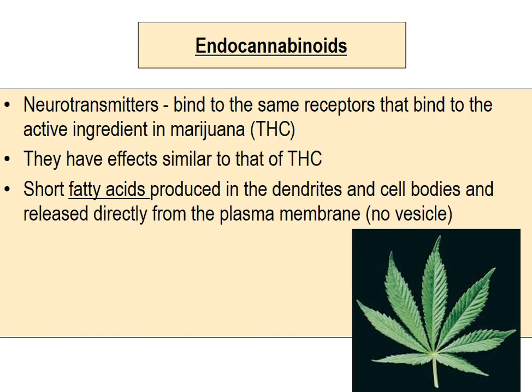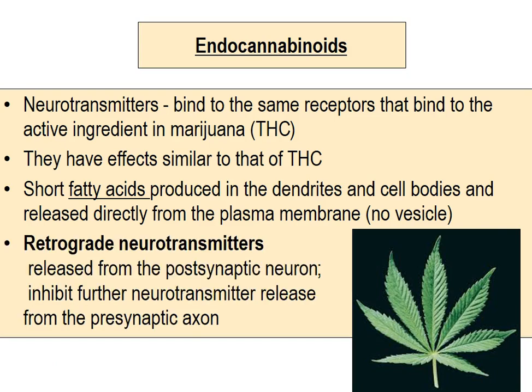These are short fatty acids that are produced in the dendrites and cell bodies, and they are released from the plasma membrane directly because they're fatty acids, so they diffuse right through the membrane. Being that they're coming out of the dendrite and cell body, they actually go backwards into the presynaptic neuron. Because of that, they're called retrograde neurotransmitters. And they're found to be inhibitory of neurotransmitter release from the presynaptic neuron.